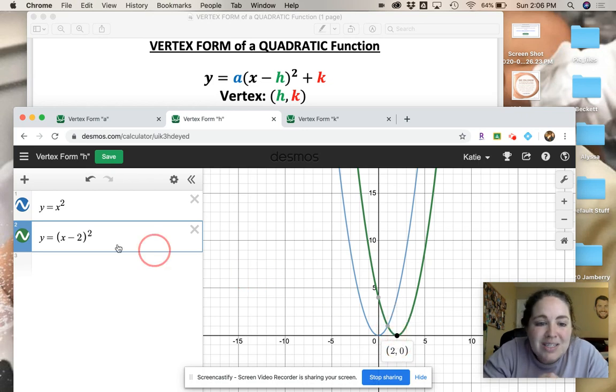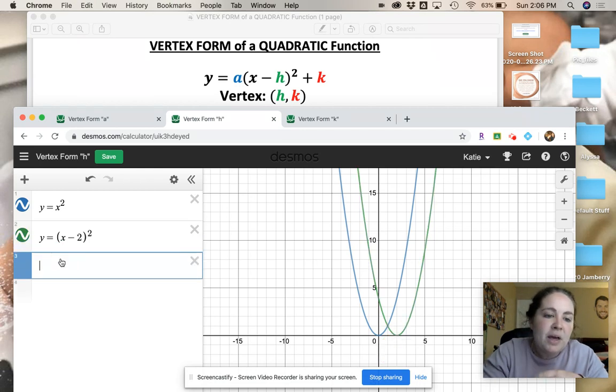But notice that I have a minus in my equation. So even though it says x minus 2, my h value is positive. It has moved me to the right 2 units. Okay, I'm going to keep that one there.